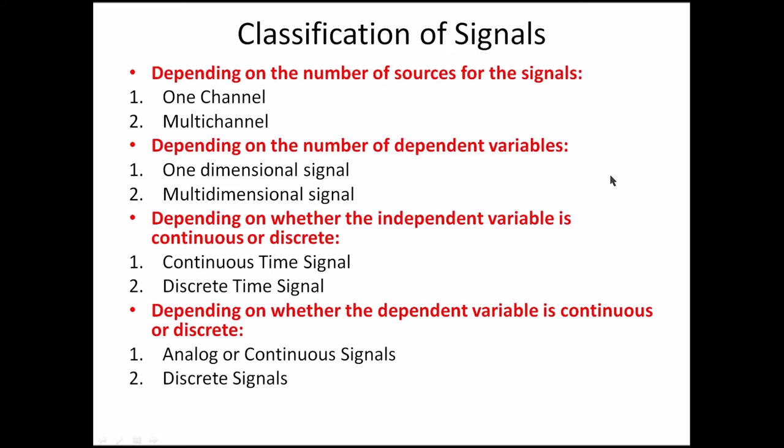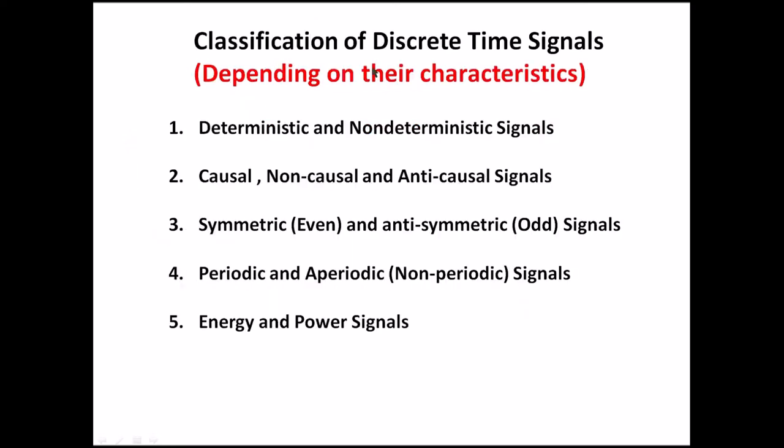One more classification is there, the classification of discrete time signal, or you can say continuous time signal also, depending on their characteristics. How many different types of classifications are there is given here. The first one is deterministic and non-deterministic signals. Second one is causal, non-causal and anti-causal signals.